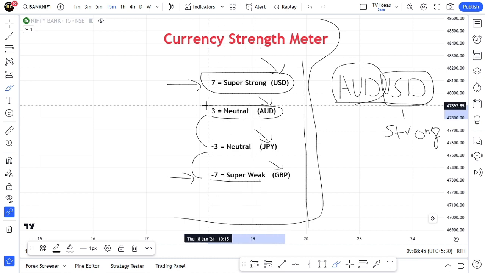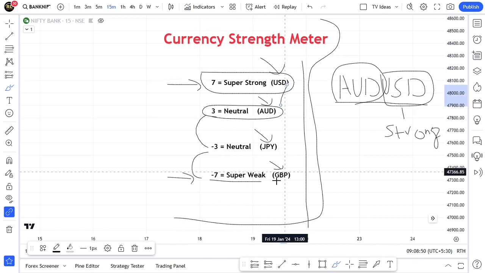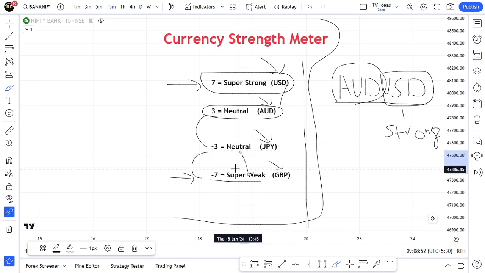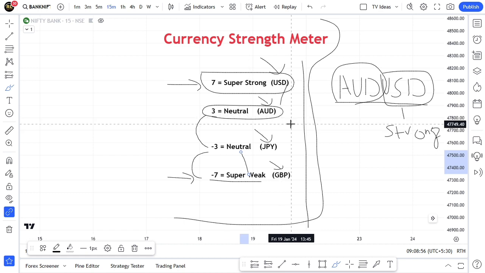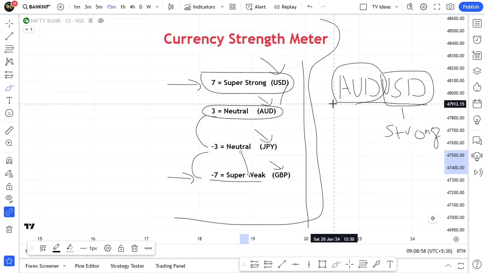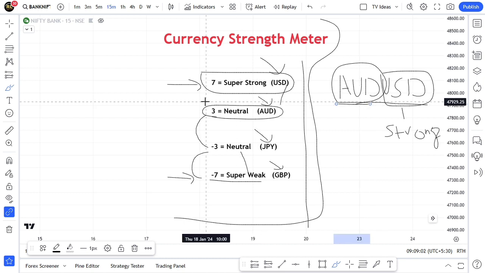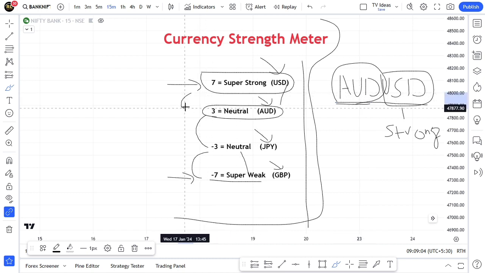Now neutral means that any pairs which are above this, which are strong, or which are below this neutral range, which are weak, they can ride these pairs, which means AUD USD is a good selection and you can go with your full sizing.